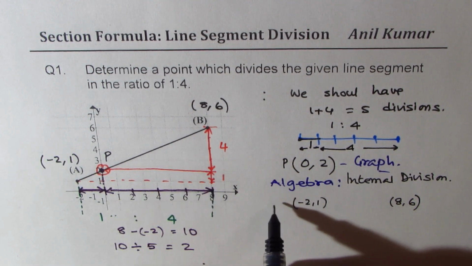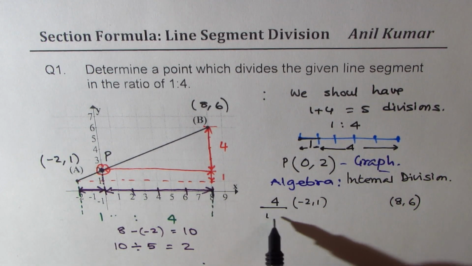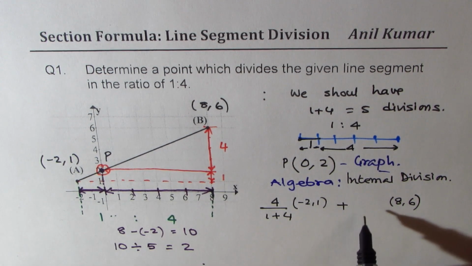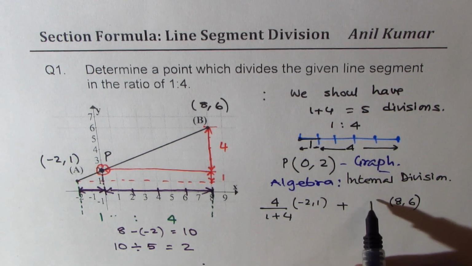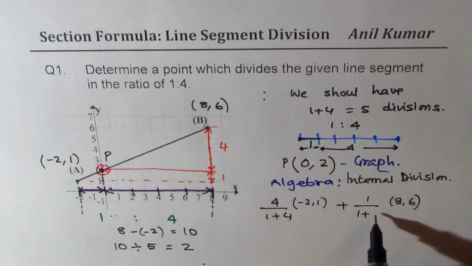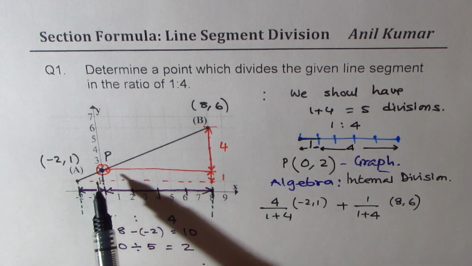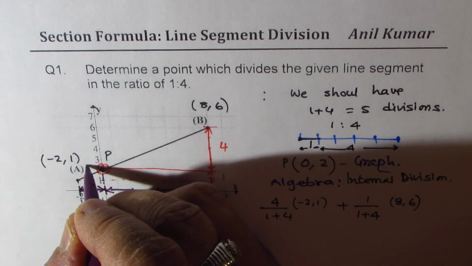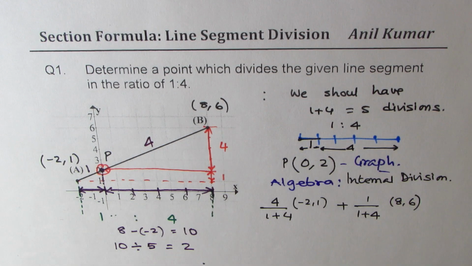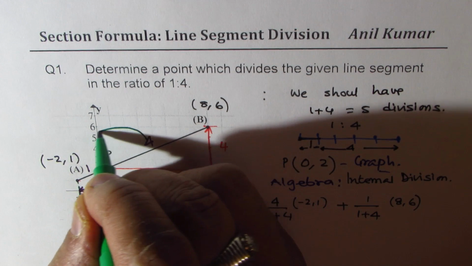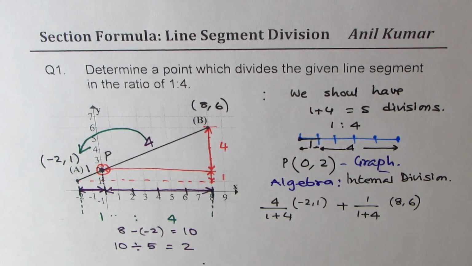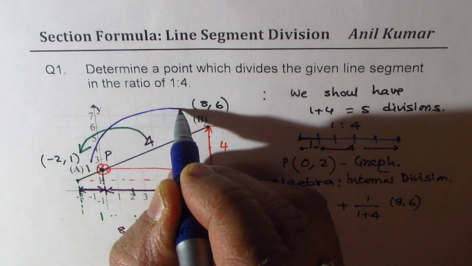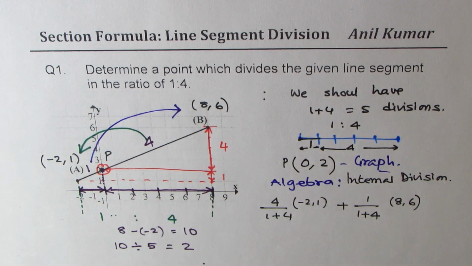So the formula will say multiply this by 4 over 1 plus 4 and add it to the second part, which is 1 over 1 plus 4. So remember, if you are dividing a segment into the ratio of 1 is to 4, in that case 4 gets multiplied by the number on this side A, and the ratio 1 gets multiplied by the number on the other side. Easy way to remember.